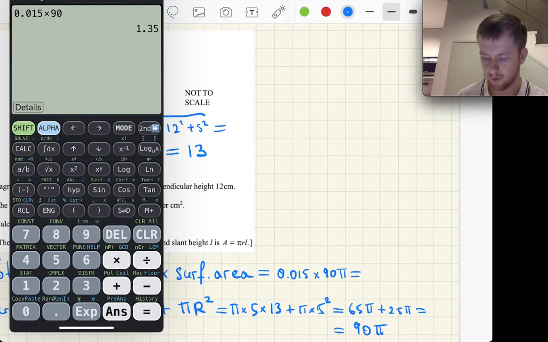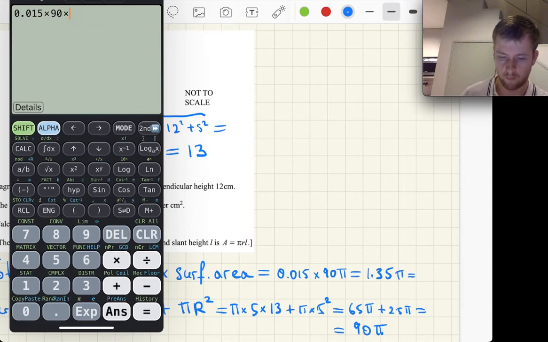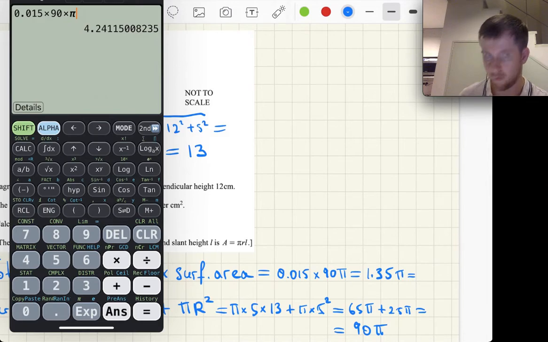So 1.35 pi. You can already write it as an answer, or if you want, you can write it as a precise number. If you multiply this by pi, you'll get 4.24, so $4.24 in this case, ladies and gentlemen.